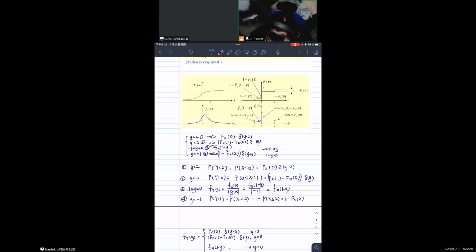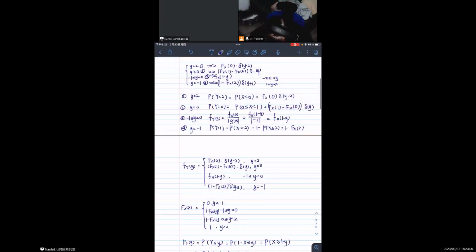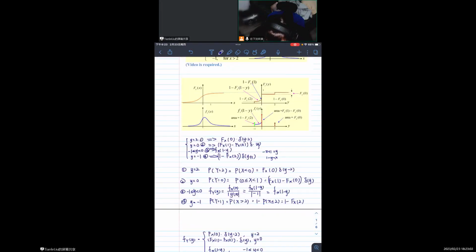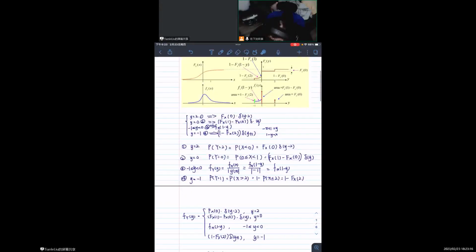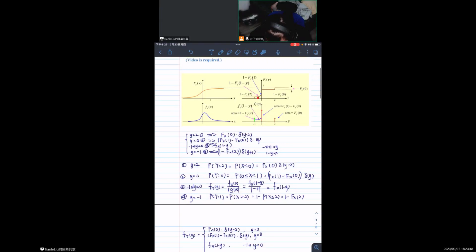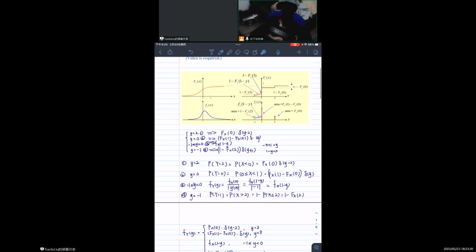And we can see from this picture that it starts at 1 minus Fx(1) to 1 minus Fx(0), because it's from -1 to 0, and this is part of the function.